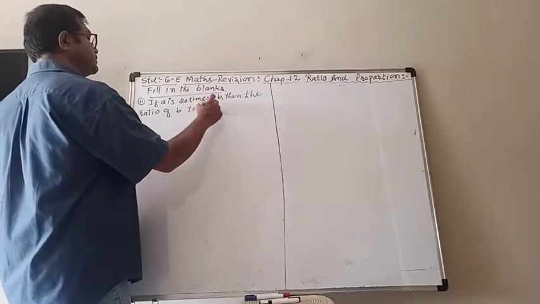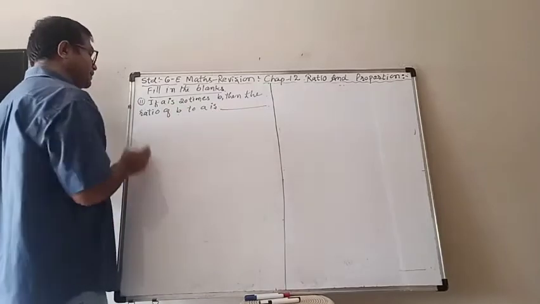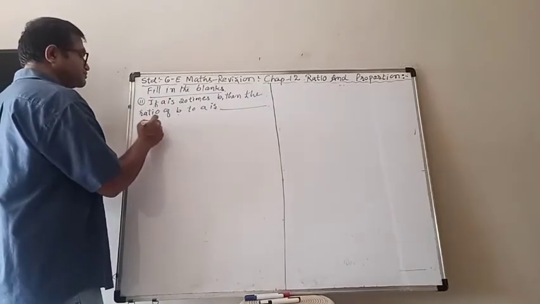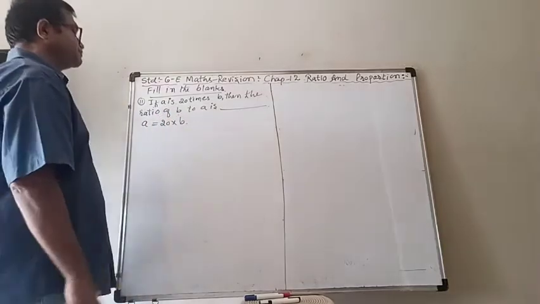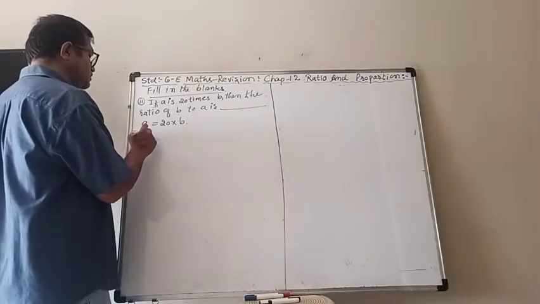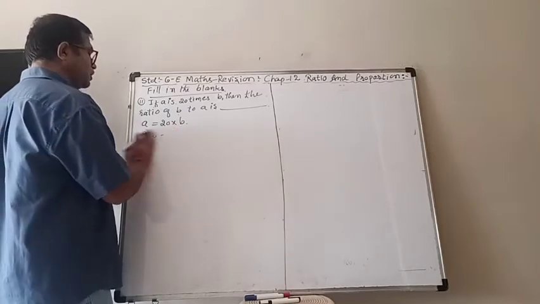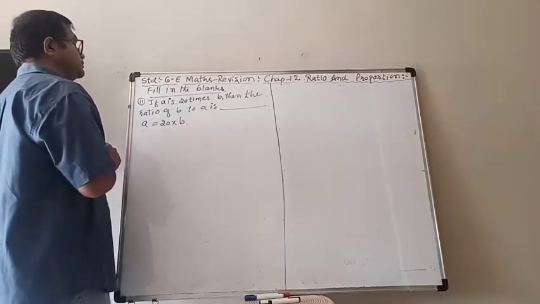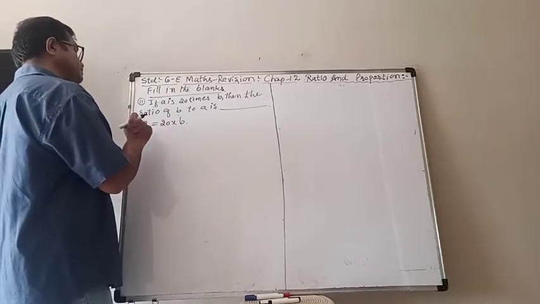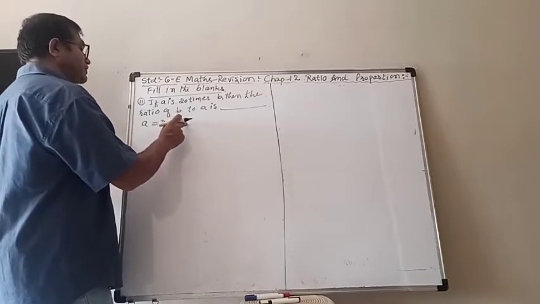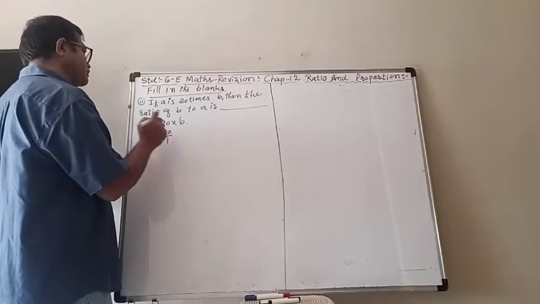Now we have to find B to A, means B upon A. Given that A is equal to 20 times B, so we can write 20B is equal to A. So A upon B is equal to 20 upon 1.